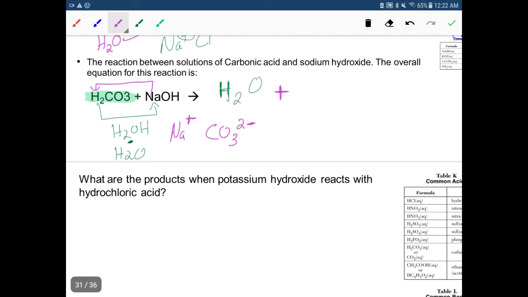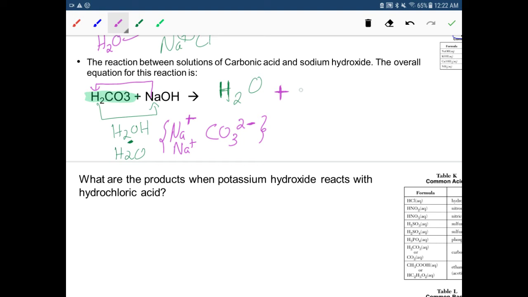So we have to balance the charges. Here you have a 2 minus for the CO3 polyatomic ion. You have a 1 plus for Na. So since you have 2 minus here, you have 1 plus here, you need to add 1 more plus. How do we add 1 more plus? By adding 1 more Na. Okay, so you're going to need 2 Nas to react with 1 CO3 2 minus to form the salt.